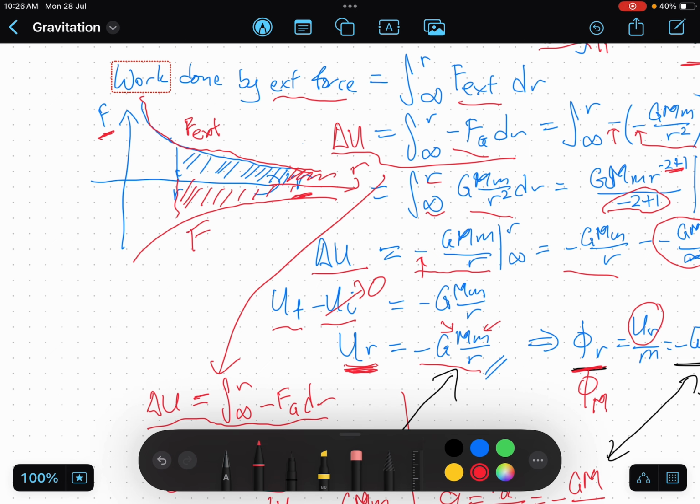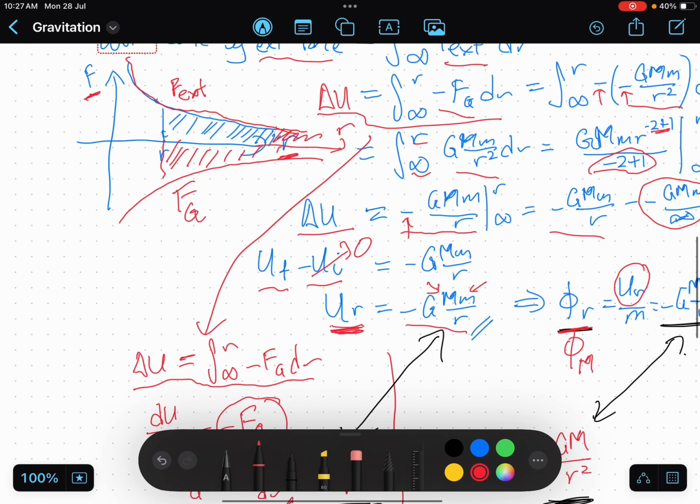So if I look at the force-R graph for this case, the integral of Fg dr, which is this area under the graph, which is obviously negative, times a minus sign will give you the change in gravitational potential energy. So that's the meaning of it. The area under the graph, of course you must times the minus sign, gives you the gravitational potential energy, which you know is this already.